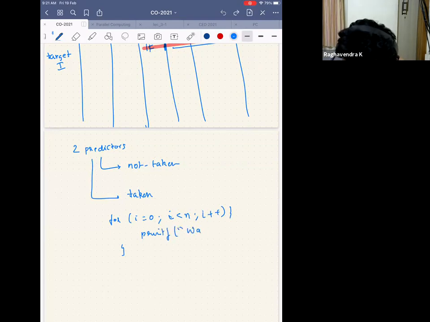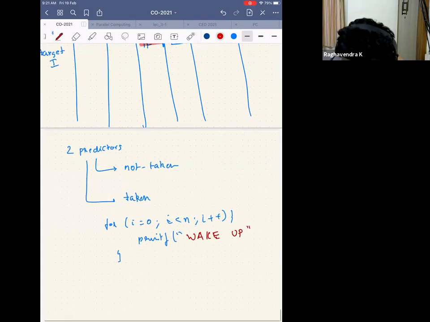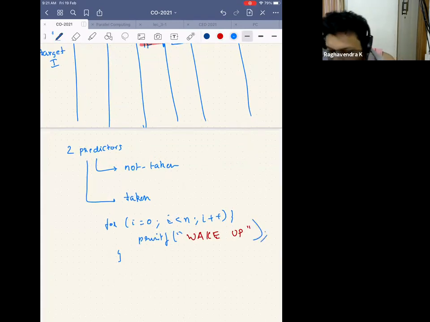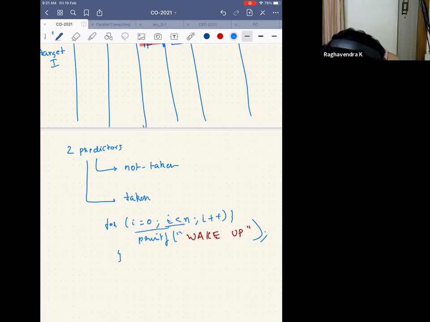Of course, the assembly is the reverse, but to keep it simple, if the branch is taken, then if i is less than n, I go here. If i is greater than or equal to n, then I come here.